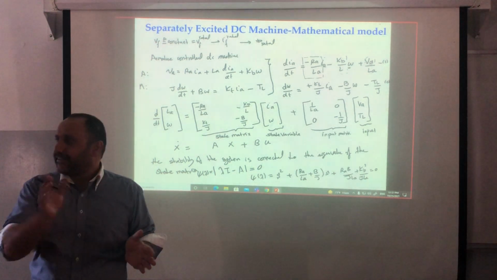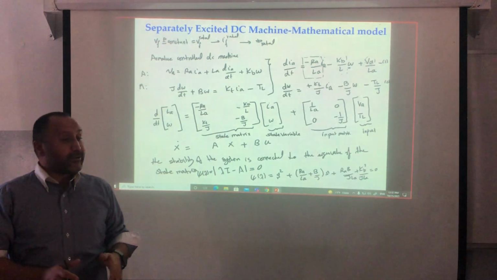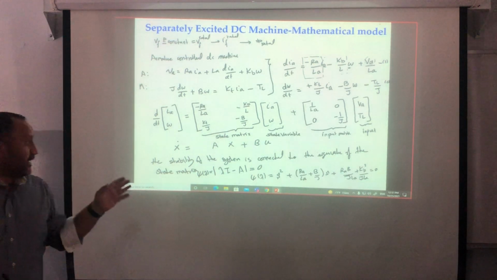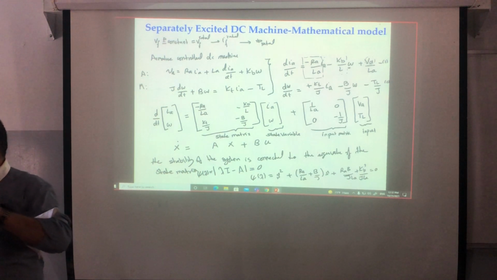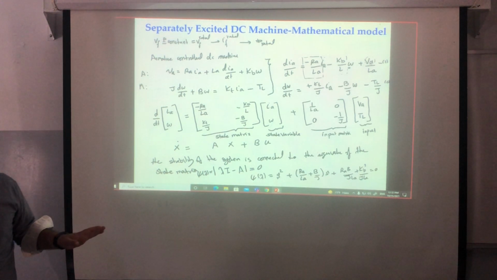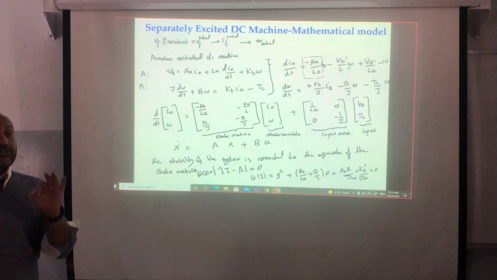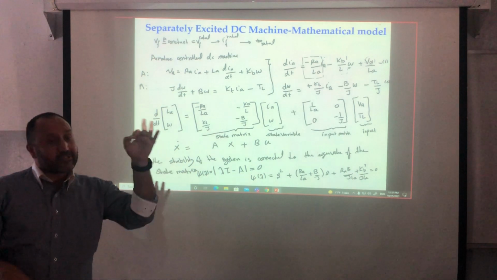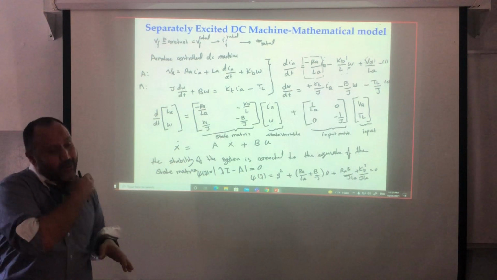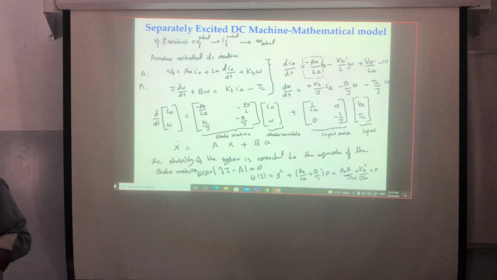Say RA is positive, LA is positive, B is positive, J is positive. So according to Routh, for the second order system, the necessary and sufficient condition for stability is that all the coefficients must have the same sign.